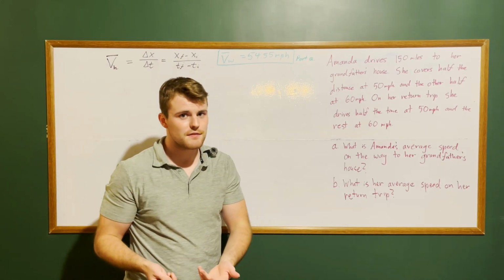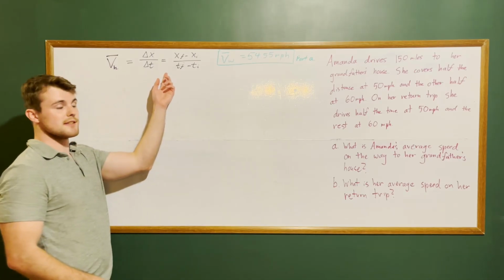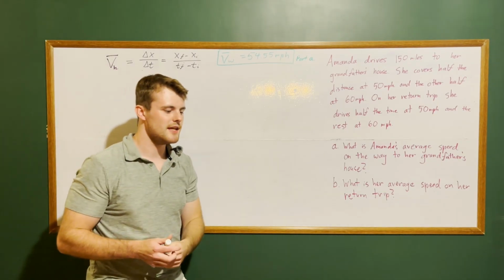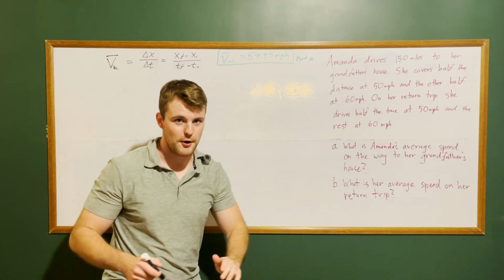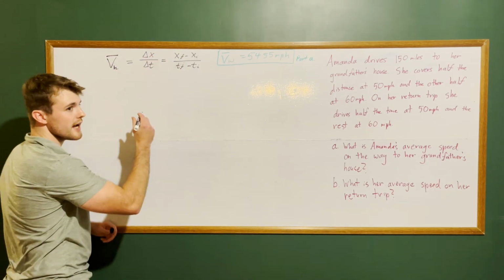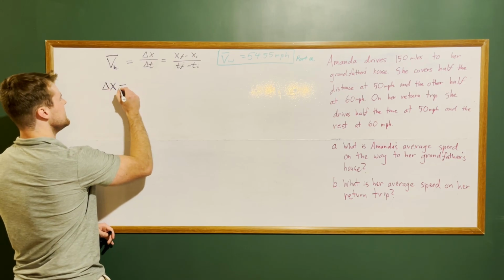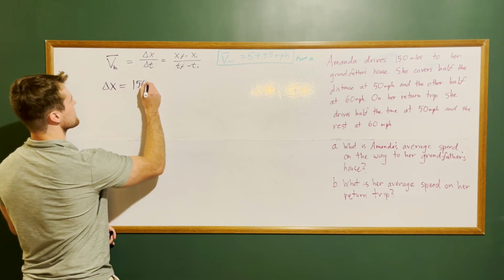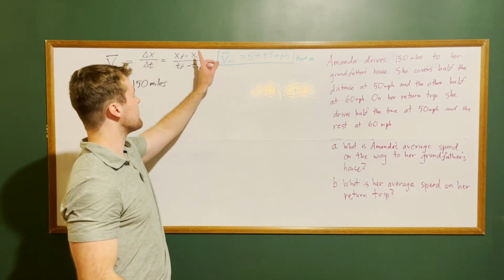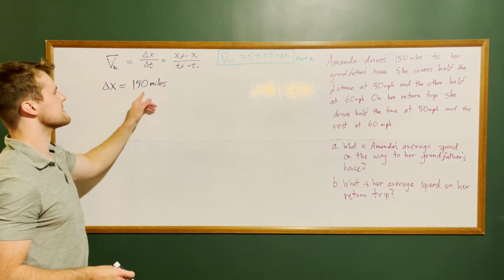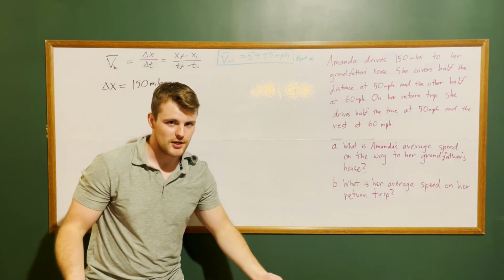So my main tactic for this problem is to use this equation again and just solve for this v bar, or velocity. So I'm going to first start by writing what we know. We know that delta x on her way home, x sub f minus x sub i, equals 150 miles, and we're going to say that x sub i equals 0. What else do we know?